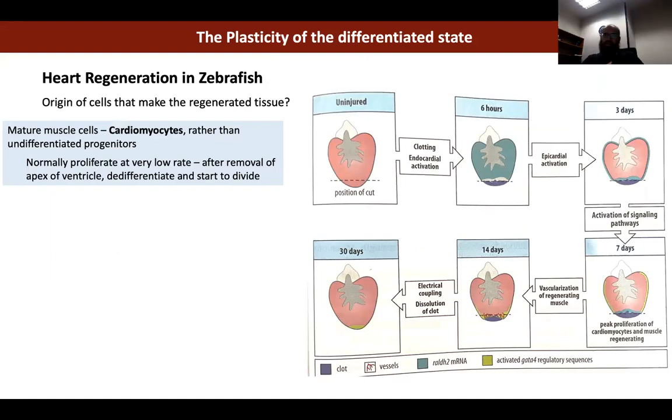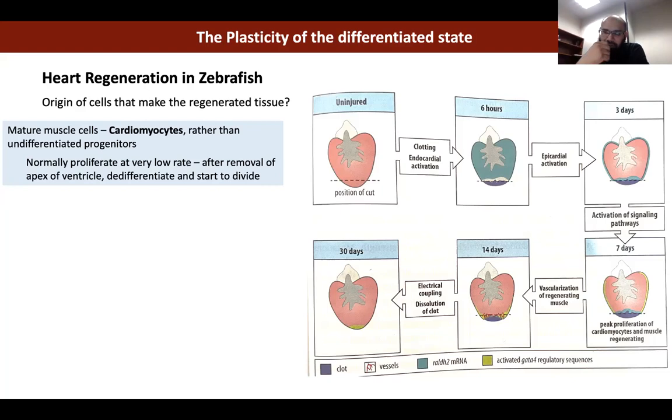And in the end, we will consider the example of heart regeneration in zebrafish. That's also a remarkable capability. The biggest question there was, again, what was the origin of the cells that make the regenerative tissue? Is it the muscle stem cells, like the satellite cells that we saw previously that mammals have?